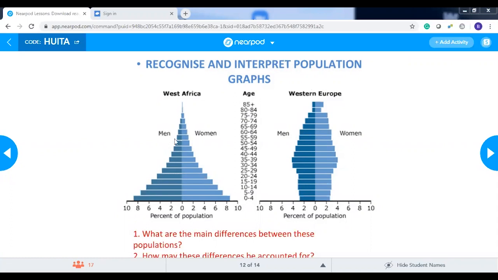Meanwhile, in West Africa, they are suffering from different diseases, and in some countries people suffer from a lack of food supply. So the lifespan of humans in West Africa is lower than in Western Europe. Okay, thank you, Kidley.